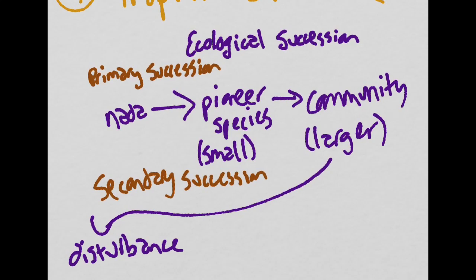And although this might decimate all the populations living in this community, leaving no animals, no plants left, the soil will remain intact. Now, this is a lot better, the intact soil, than starting from nothing, because soil is already habitable. Things can grow from soil, as you probably can see from gardening or anything like that.